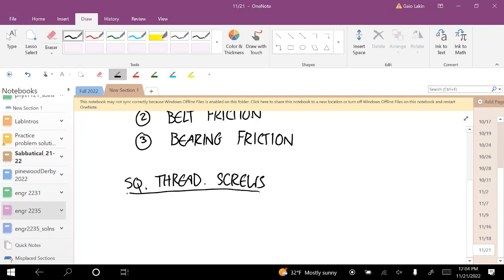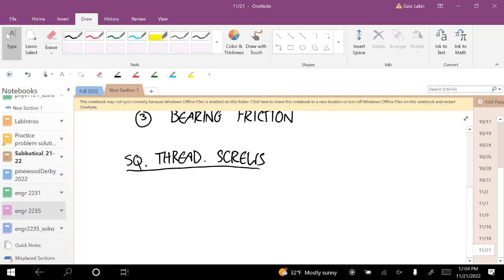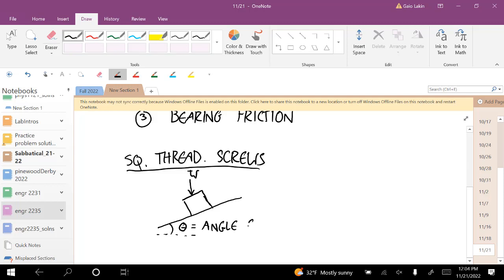I talked about the connection between this and sliding a mass up an incline. So this is the problem that you're dealing with. This theta, the angle of the ramp, is the angle of the thread.